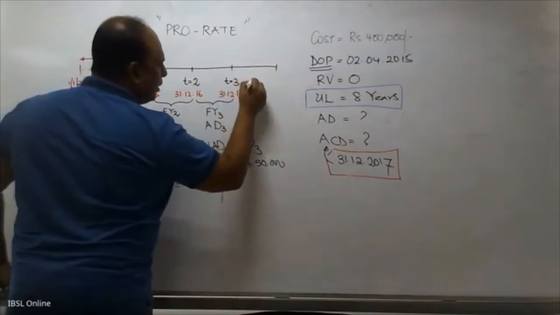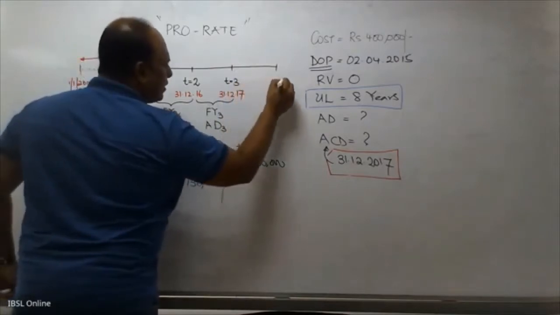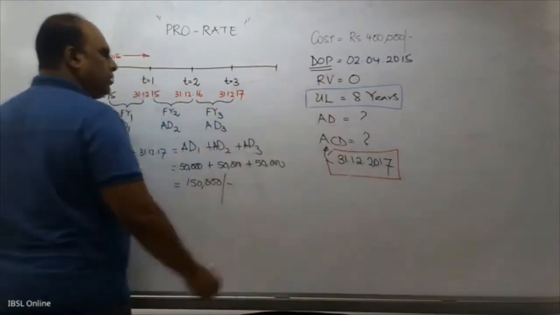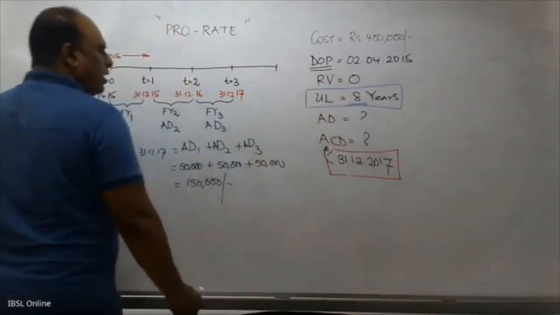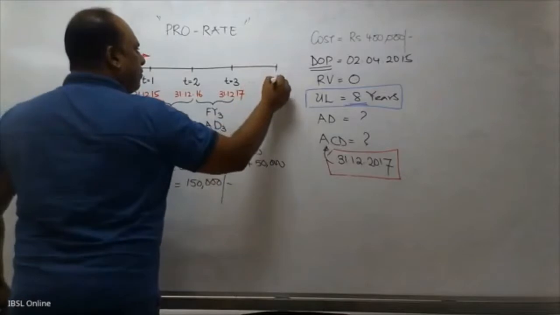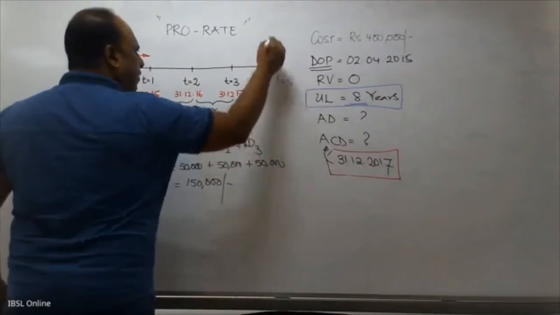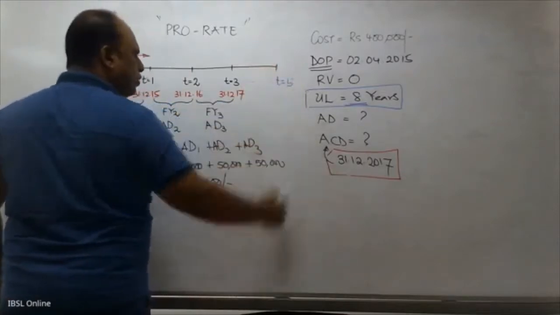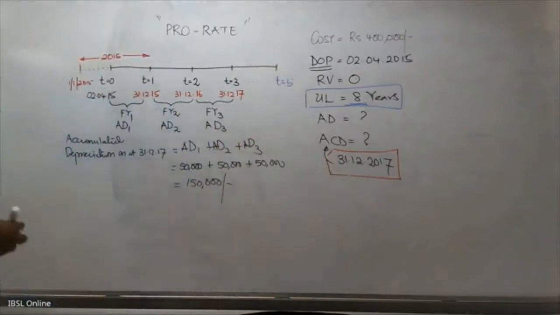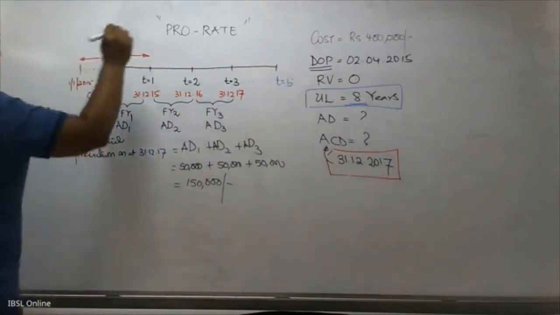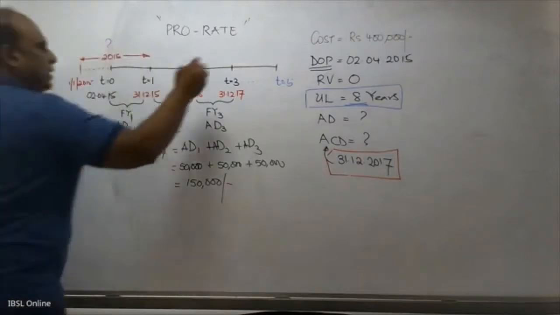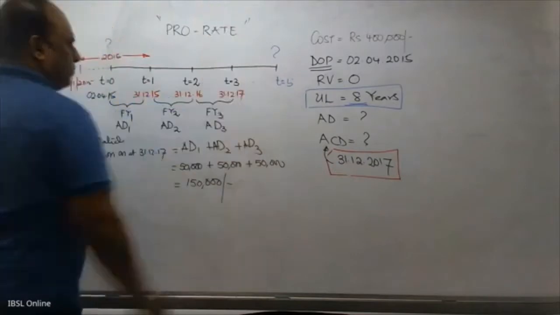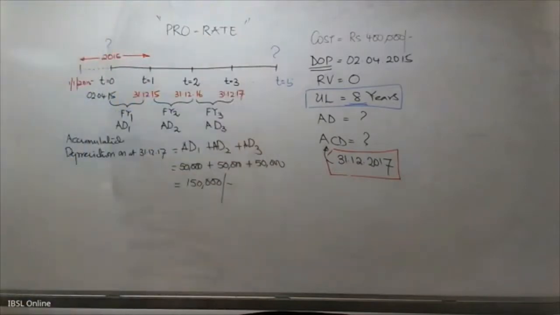Now T3, T4, T5, T6, likewise it will go because it has 8 years. Or sometimes maybe in T5, somewhere in the middle, they might decide to dispose. So the question is, how should I apply the depreciation method in the year of purchase and in the year of disposal? That is the question.